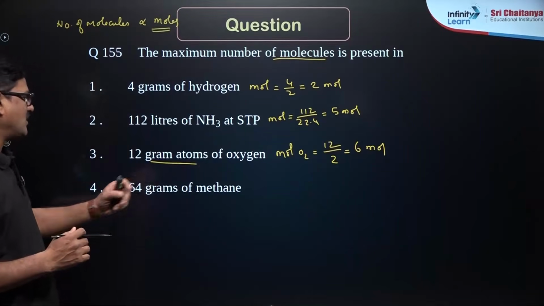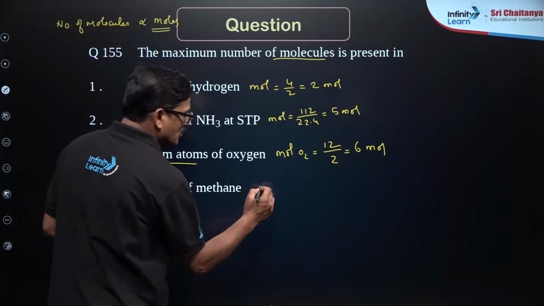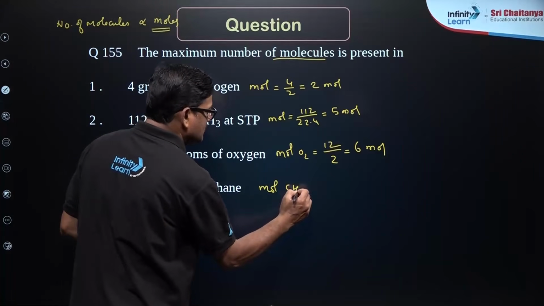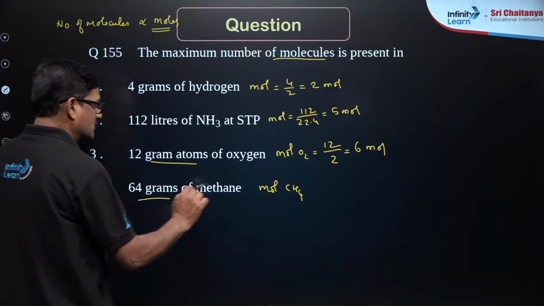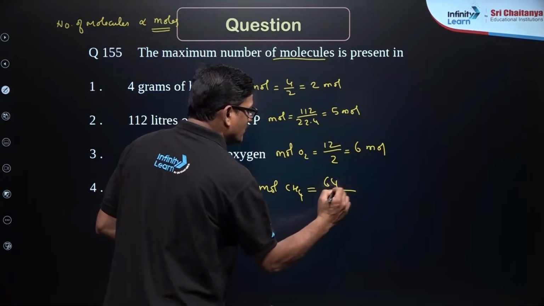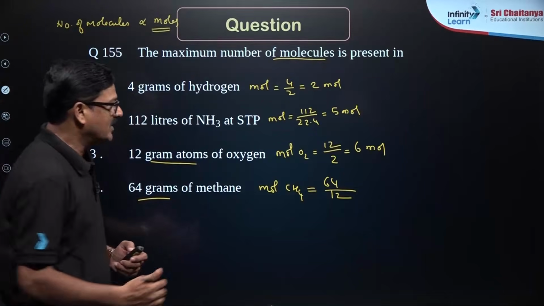Then 64 grams of methane: moles of methane is 64 by 16, which is 4 mole.